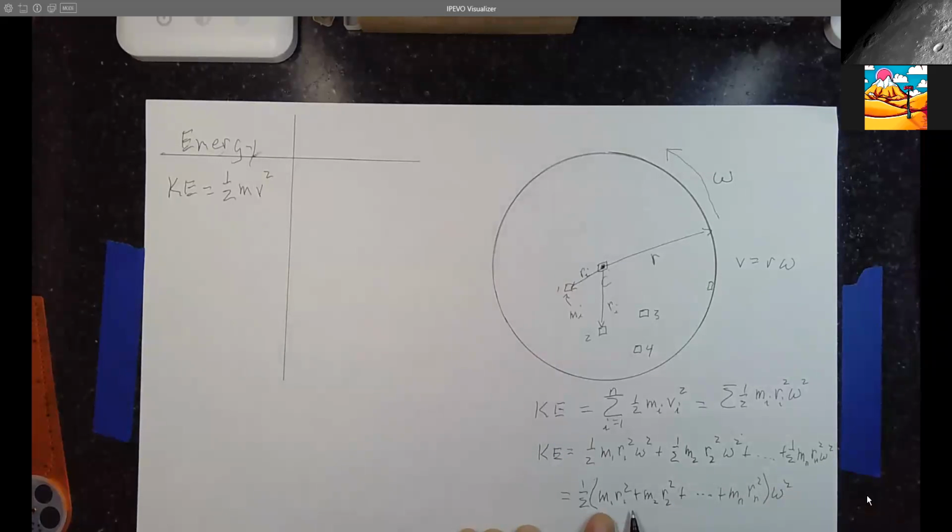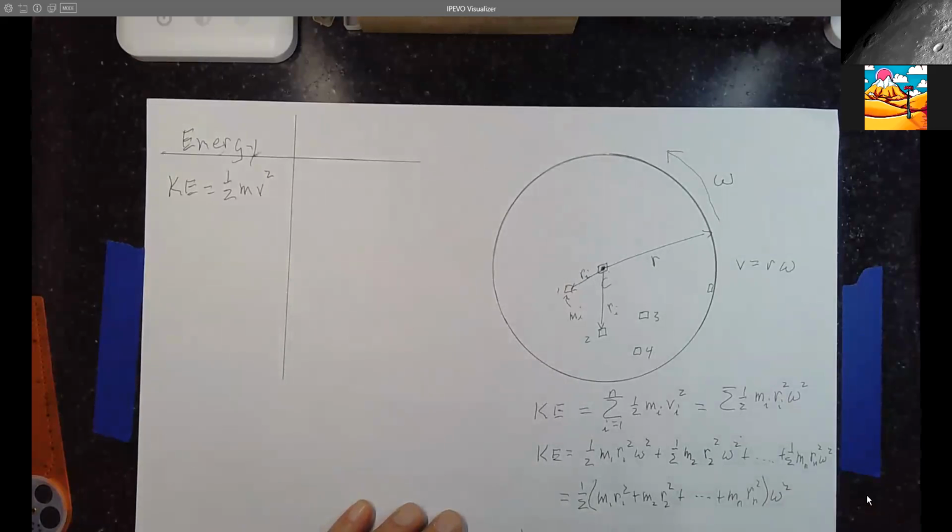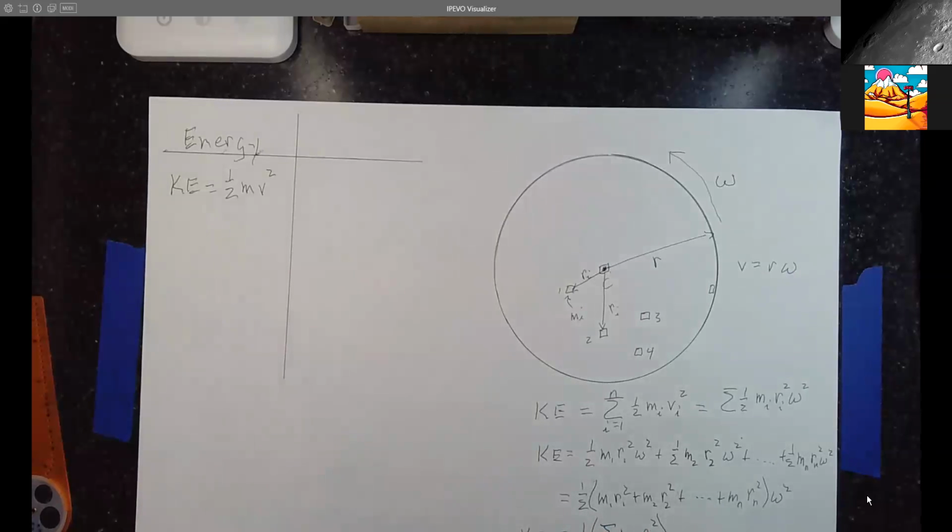Now what I've got inside here is a sum from i equals 1 to n of m sub i r sub i squared. And so this kinetic energy ends up looking like this: 1/2 the sum of m sub i r sub i squared, and I can wrap that in parentheses if I want to, times omega squared.